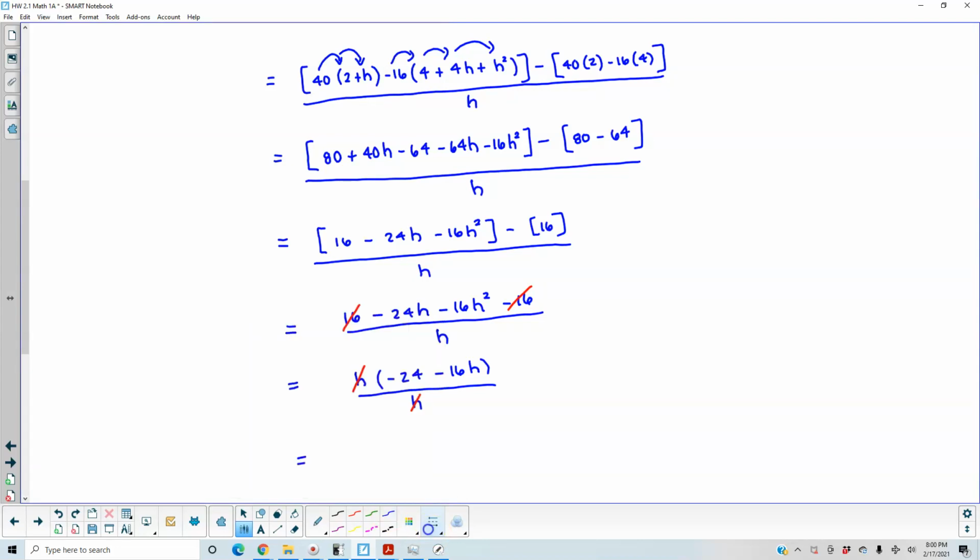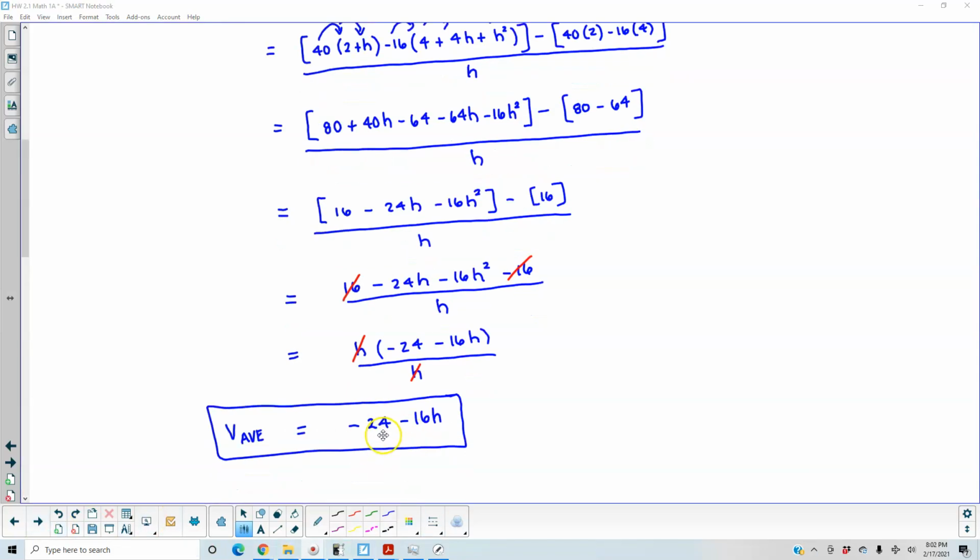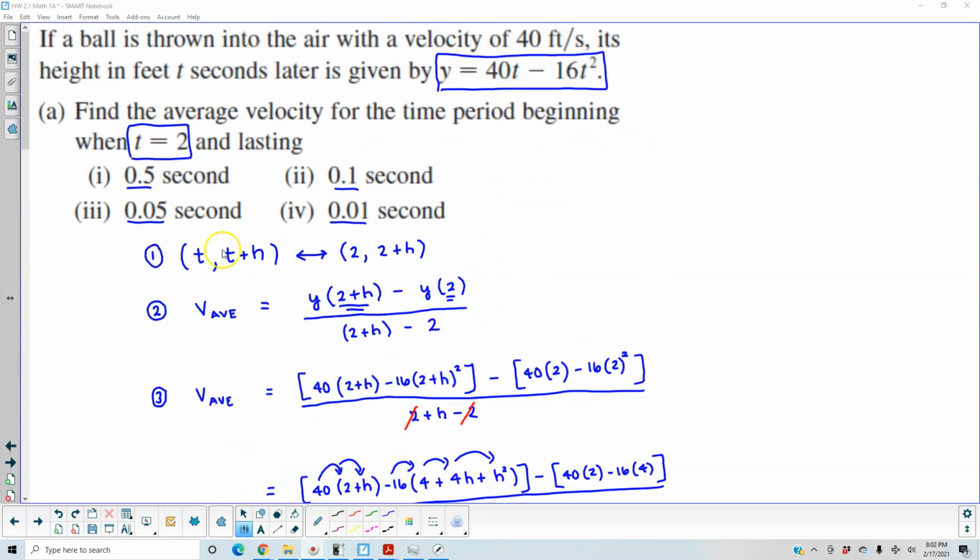Therefore we end up with negative 24 minus 16h, and this is the average velocity. Now we're going to let h equal each one of these to determine what our average velocity is going to be.